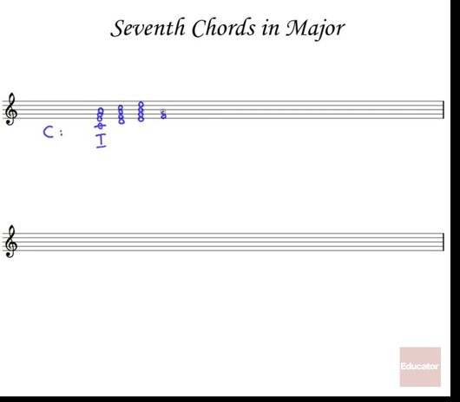Here's number 4, F, A, C, E, and then G, B, D, F. And the last one on the 7th degree, B, D, F, A. And then we can fill in the Roman numerals like we did before.